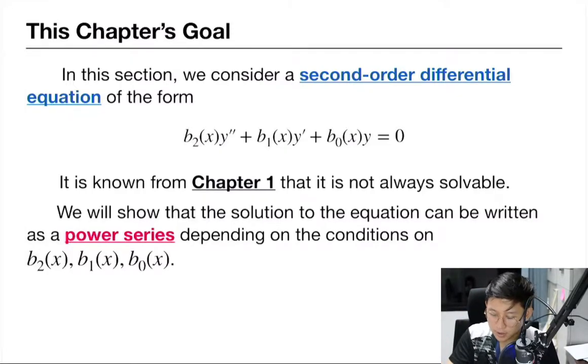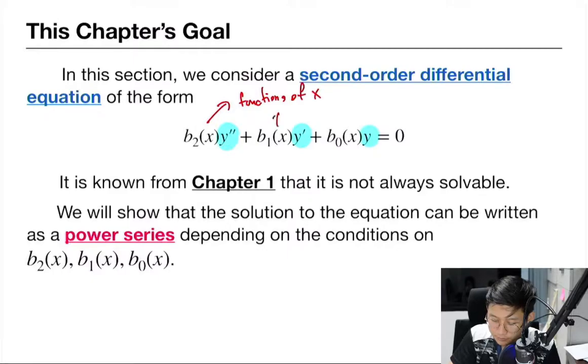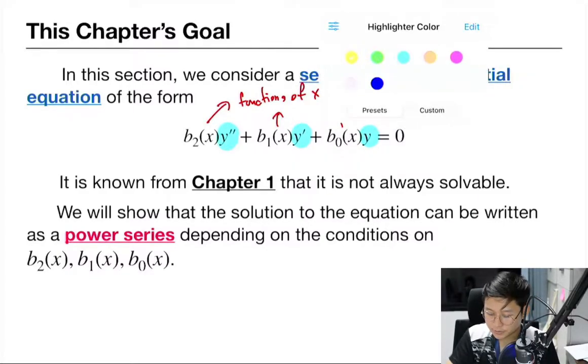You have y double prime, you have y prime, and then you have y. And the coefficients of y double prime, y prime, and y, they are functions of x. See, these b's, they are functions of x.